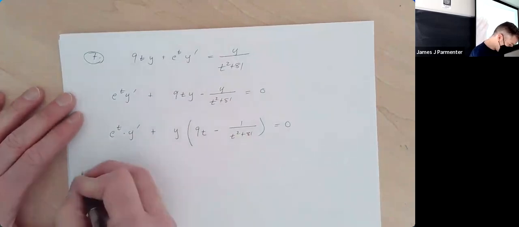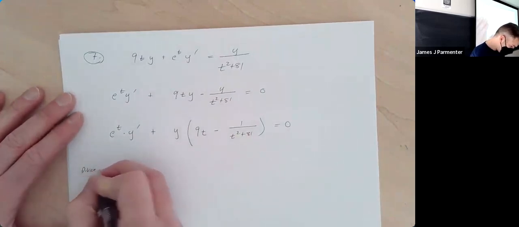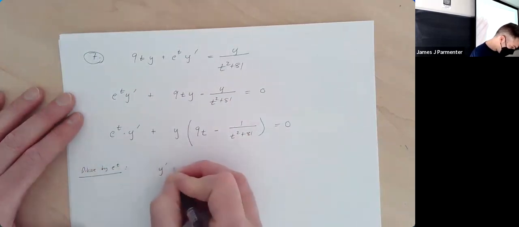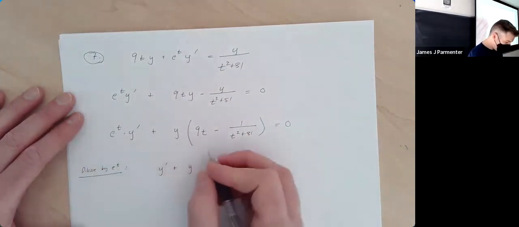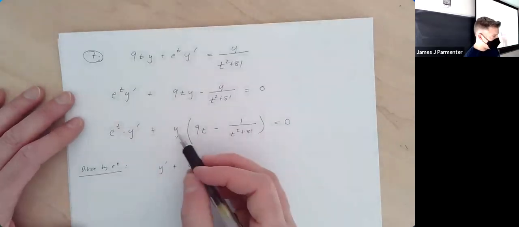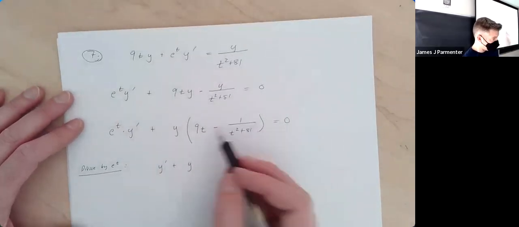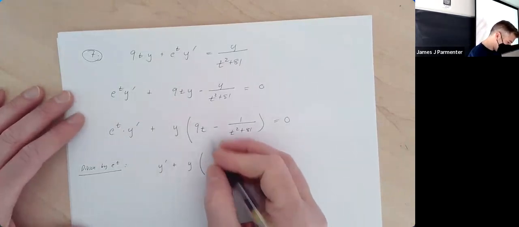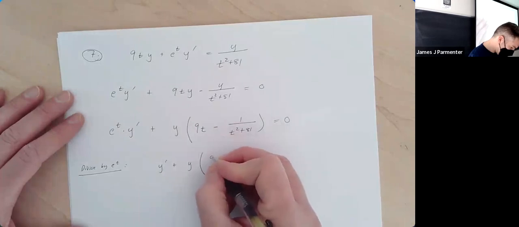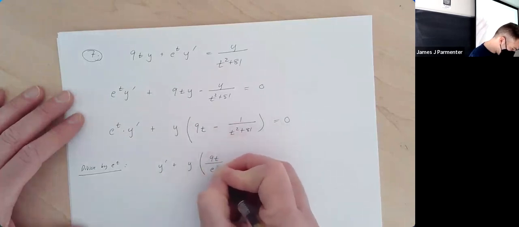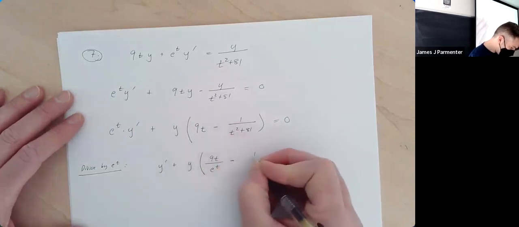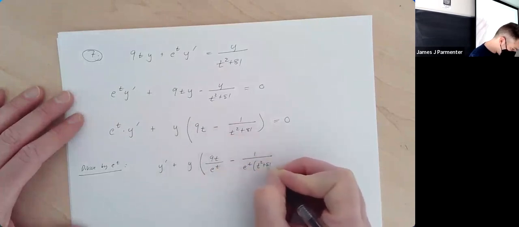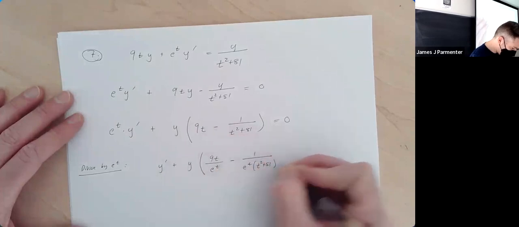So we divide by e to the t, and we're going to get y prime plus, well, I would take all of this. I wouldn't divide the y by e to the t. I would do the division by e to the t over here. So I would write this as y times, I don't love this either, 9t over e to the t minus 1 over e to the t times t squared plus 81. It might make sense to get a common denominator here.